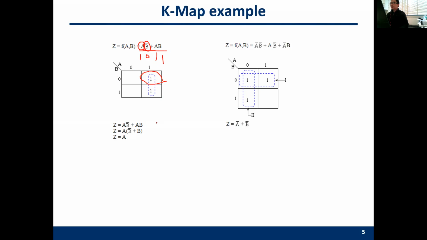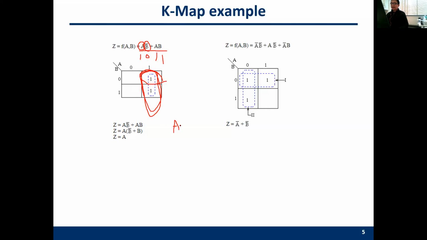The next step is to group these two terms. We can draw a circle here. Eventually, by using one large circle, we can express this Z. So what's the value of this large circle? For this large circle, A is 1.